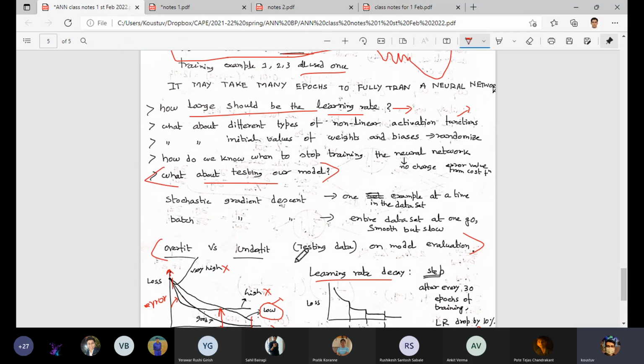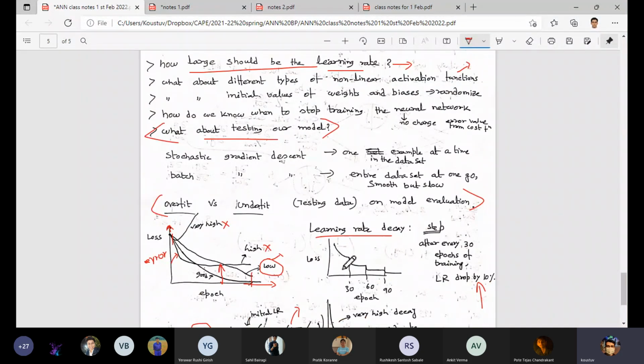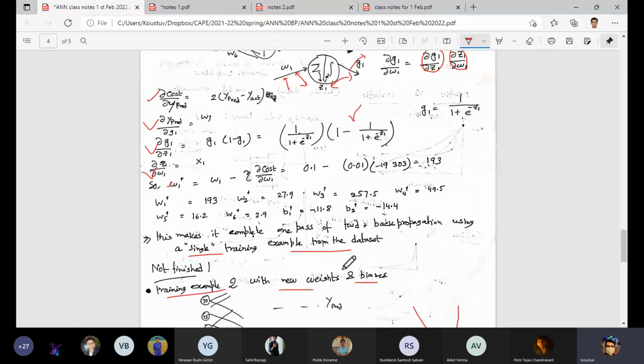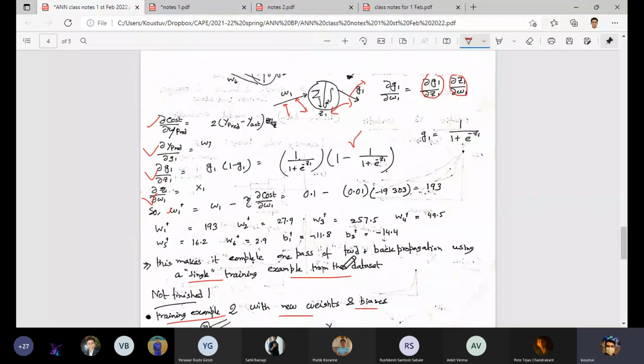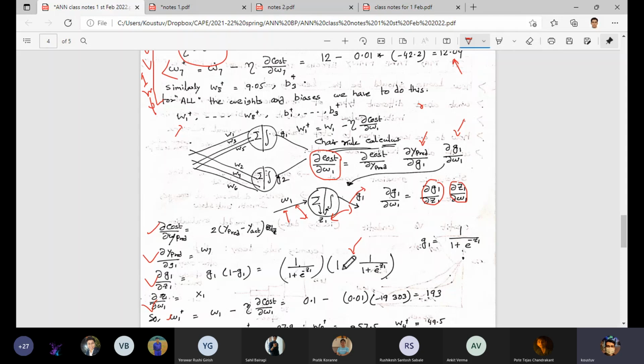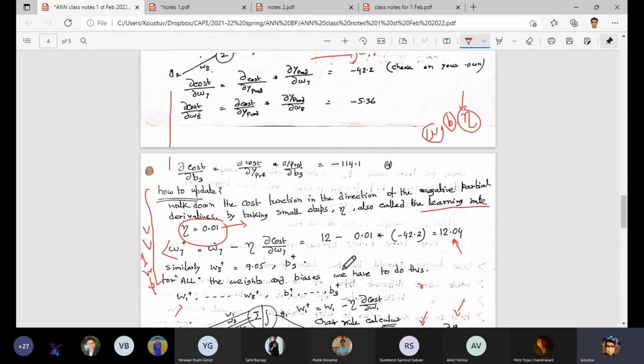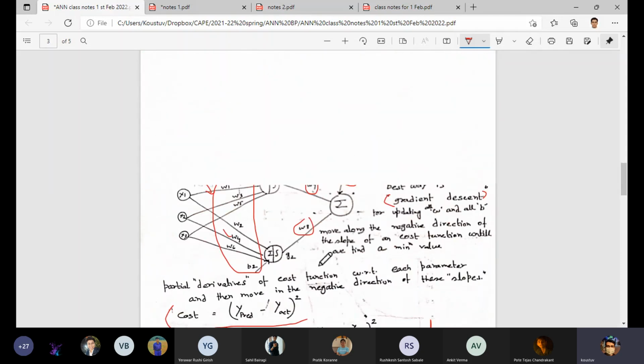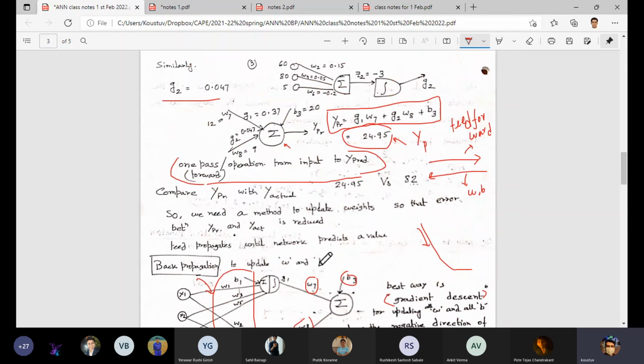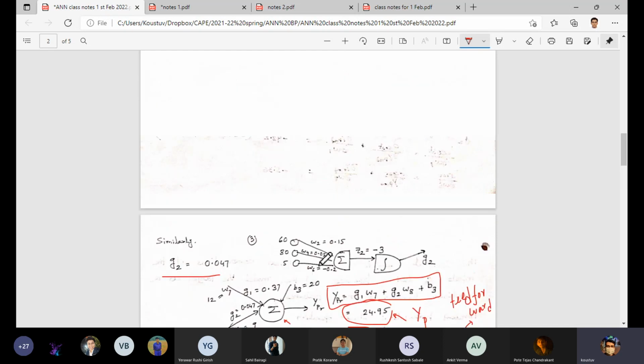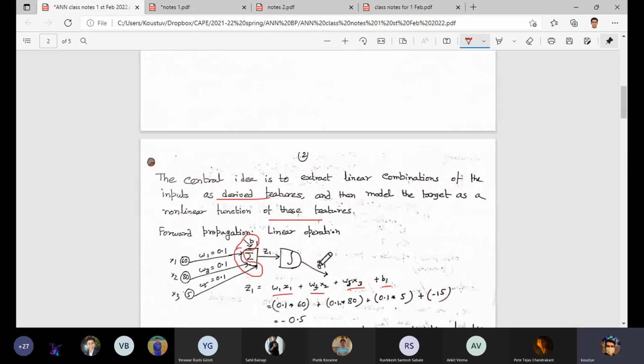Underfit and overfit will be discussed, and then the VLE examples, vapor liquid equilibrium examples, where we will show how this feed forward neural network using back propagation algorithm is helpful for one of the major applications, that is VLE data predictions at high pressure. So this is our next class agenda.